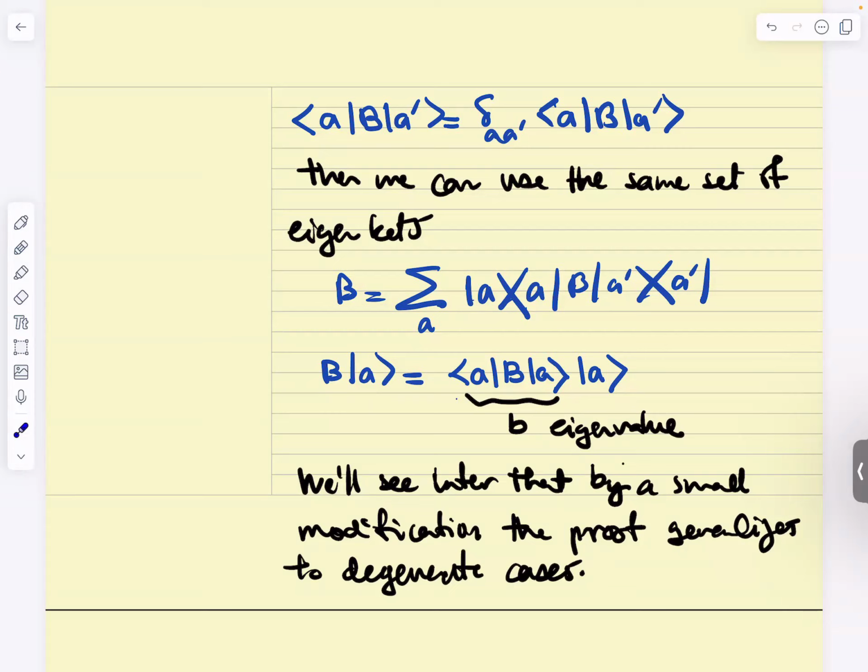Here's another way of understanding the necessity for complex numbers. If all the observables we have commuted, we could write them as diagonal matrices in the same basis. These are observables, so could the matrix elements be complex?